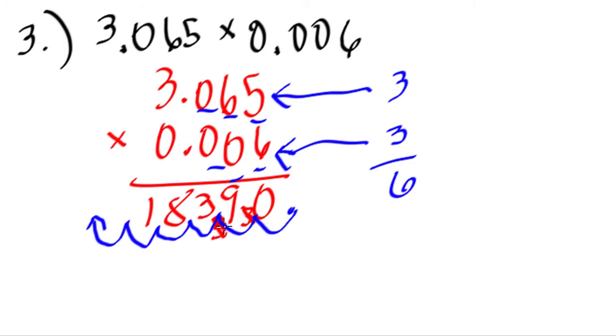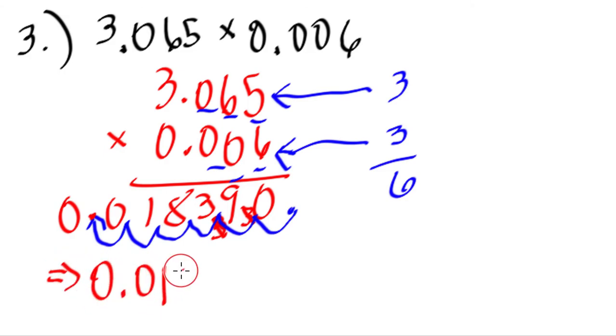Now notice, what are these blank spaces there? Like I said, there are cases wherein there are not enough digits in the product for the position of the decimal point, so zeros must be added. So in these blank spaces here, we need to make it up with zeros. So what will be our final product then? It's going to be 0.01839.